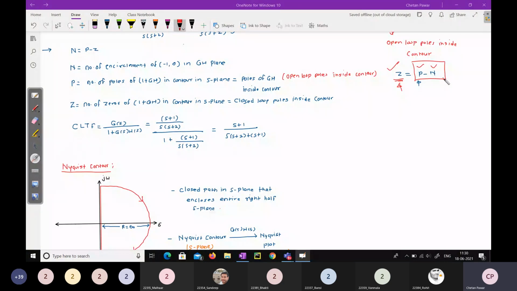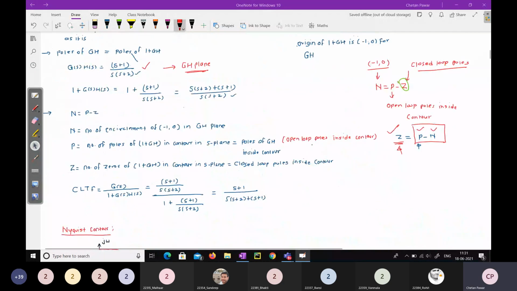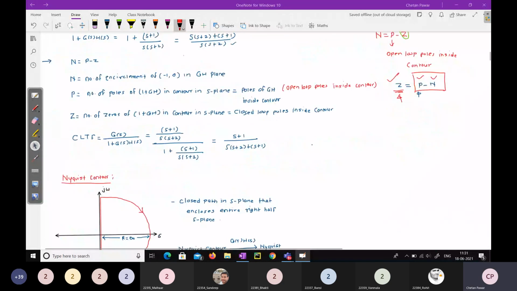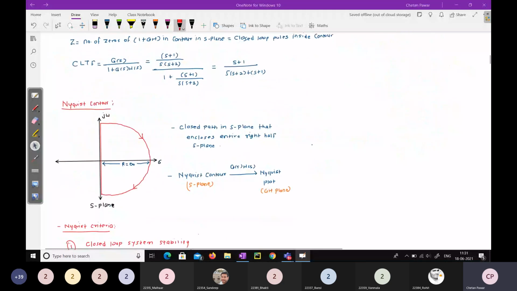Okay, so in this mapping, what we have done, we have used the contour on this left hand side, and then we have done the mapping and plotted this plot in the GH plane. Now, if we look at the Nyquist contour, our area of interest is this right hand side of the S plane.